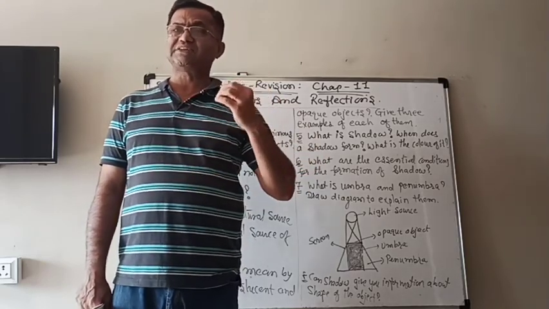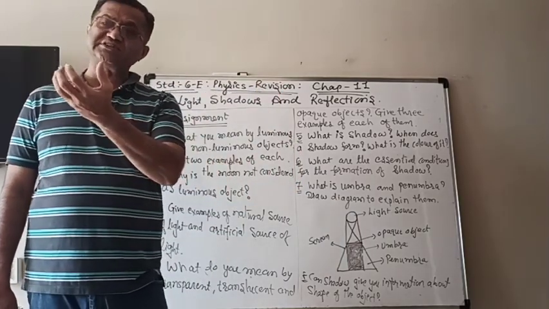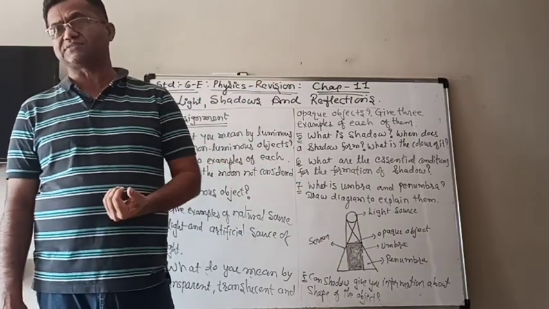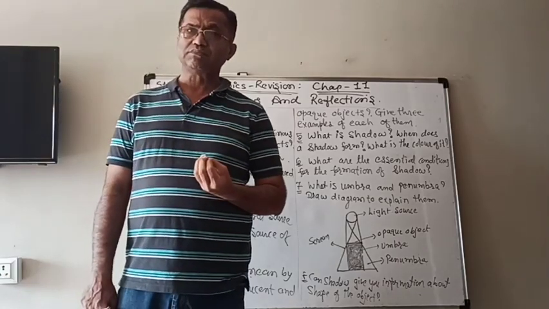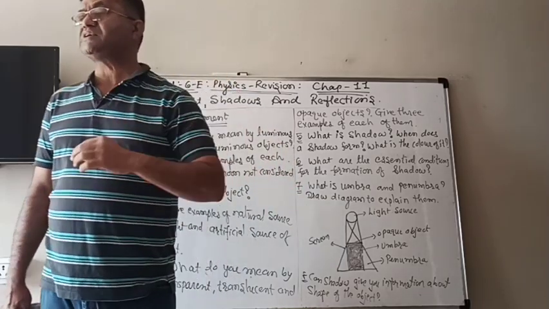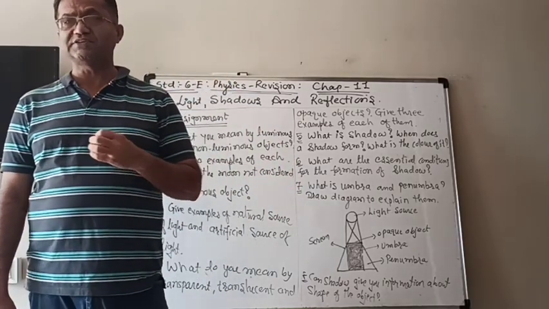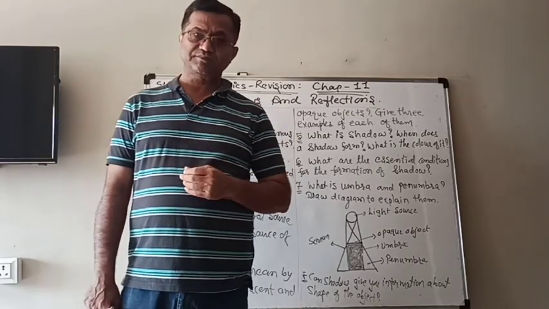The light of the sun falls on the moon, and the moon is just throwing back that light to us. So it seems to be a luminous object, but in fact, it is not. It is a non-luminous object.